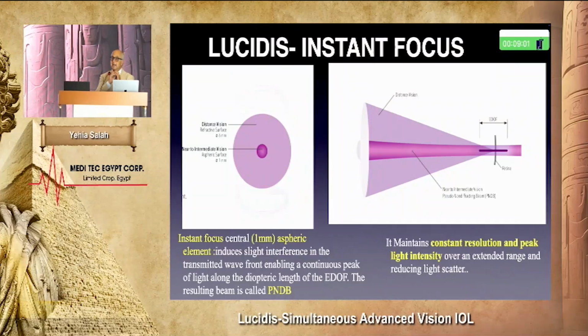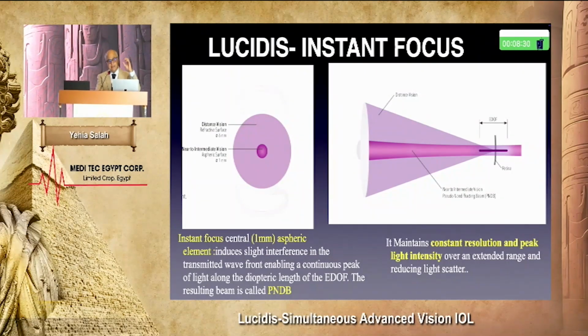And the great thing about it is that it stretches the focus, the depth of focus line. As you can see here, it's very stretched, which gives a very wide range of focus, which allows you to see from near to intermediate smoothly without interruption. The light intensity is not dispersed, it's not split in this area. And this is very particular. There is no other technology like this.